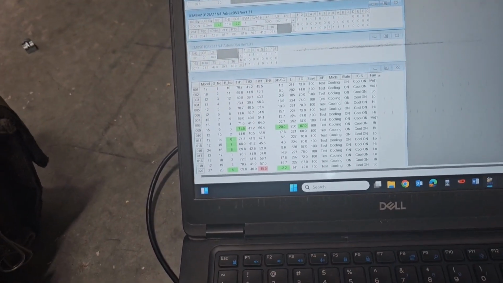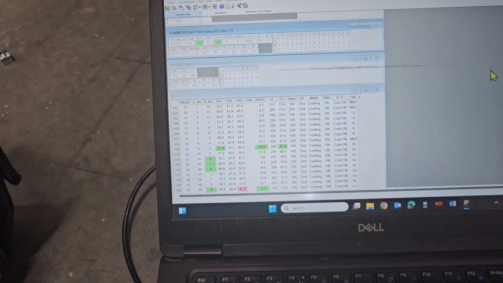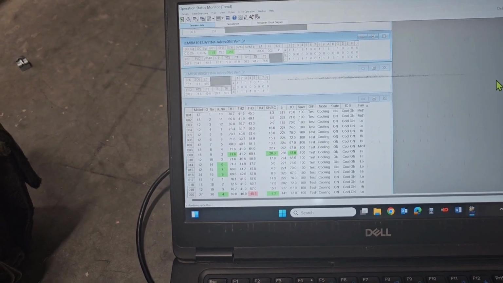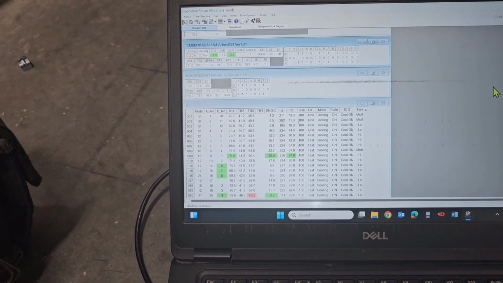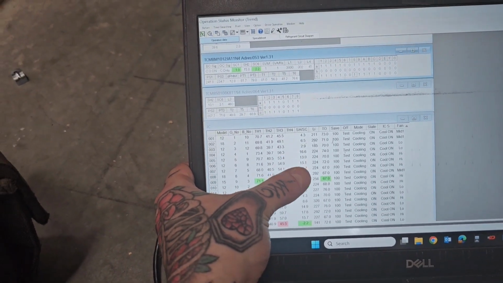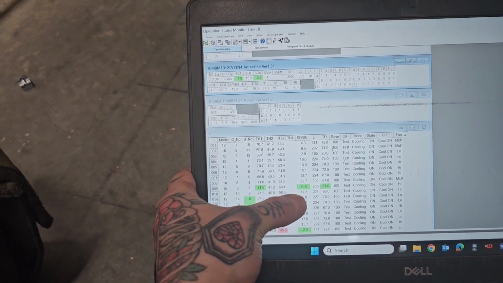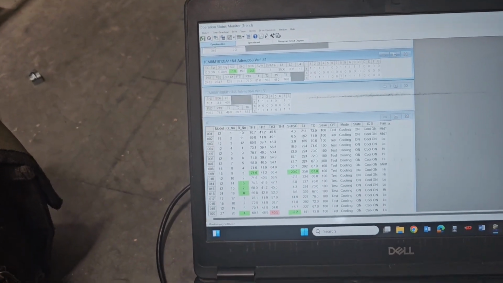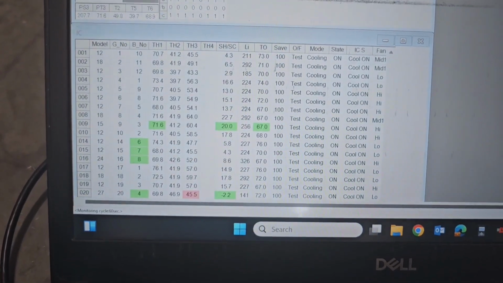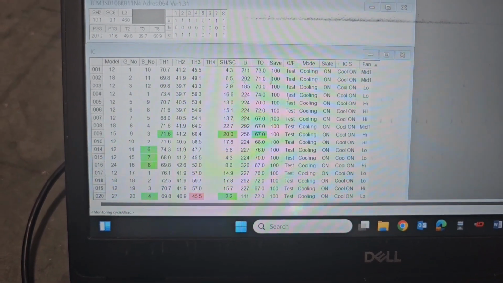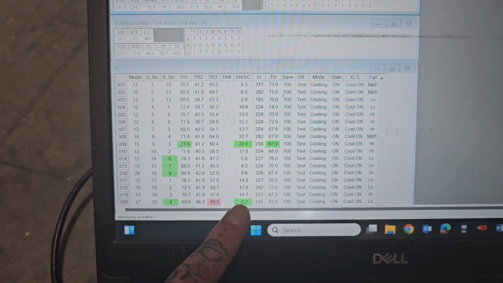Now target is between 0 and 15, so all your superheats in cooling only should be between 0 and 15. Now if you look, we've got kind of scattered numbers: 4 degrees, 16, 13, 15, 22, 20, 17, 14, 17, 15. Which superheat doesn't look like the others? Negative 2.2 maybe?